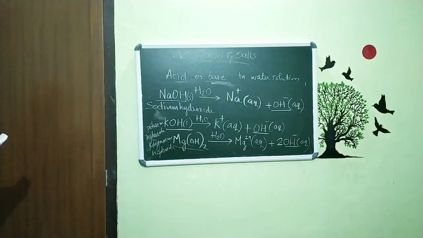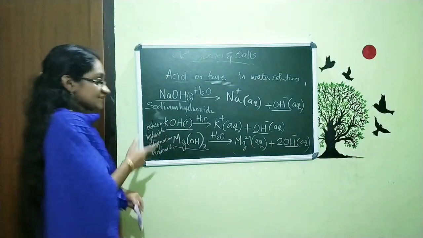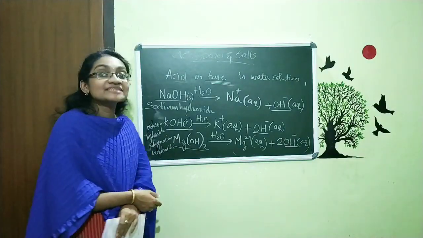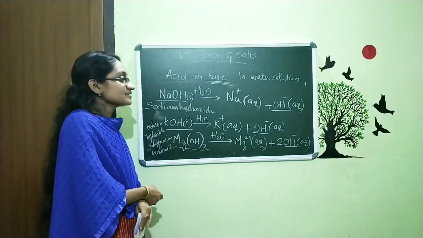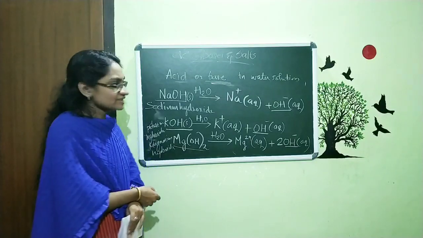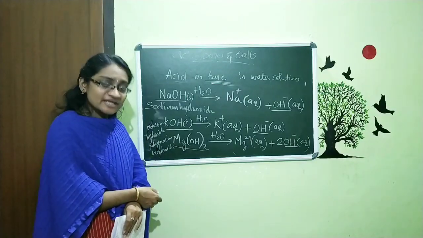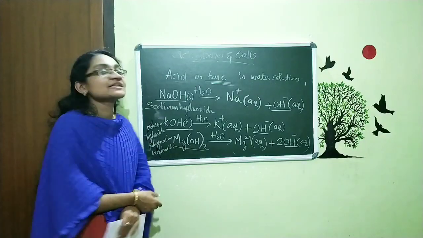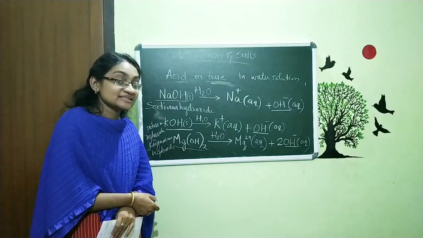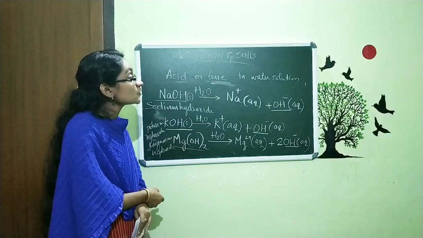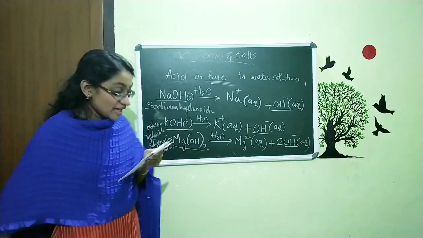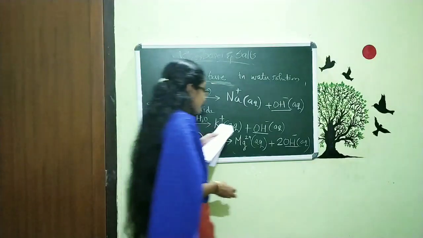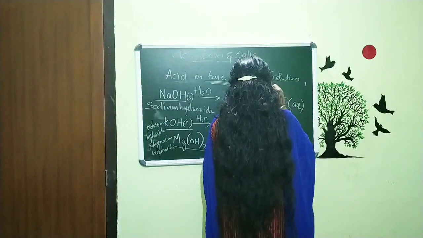So we can say that for the base, it is having the component OH minus, and for the acid it is H plus ion. OH minus is also an ion, and that is present in the base. And for the acid it is H plus ion, and for the base it is OH minus. And we call this OH minus the hydroxide ion.